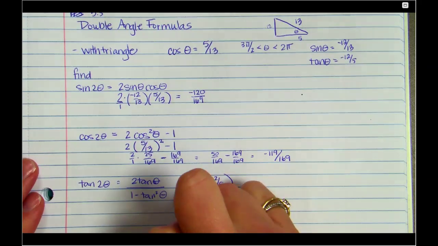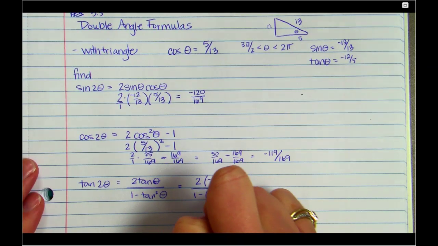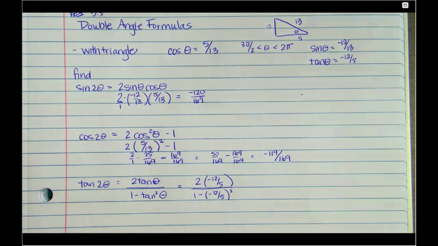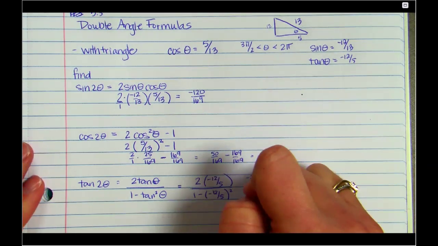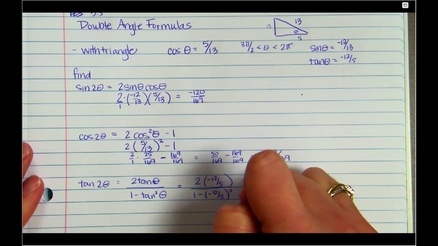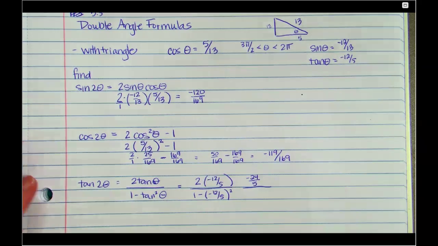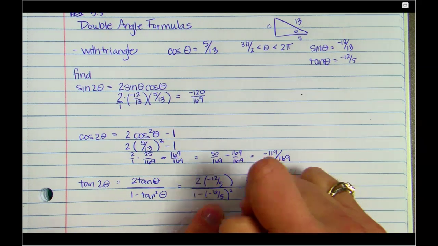Pop them into the right places: negative 12 over 5 squared. Let's multiply the top. What's the top multiply to? Negative 24 over 5. The bottom is going to require just a smidge more work. What's the fraction in the parentheses?